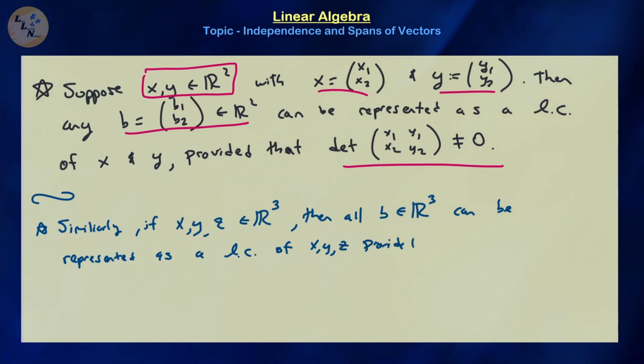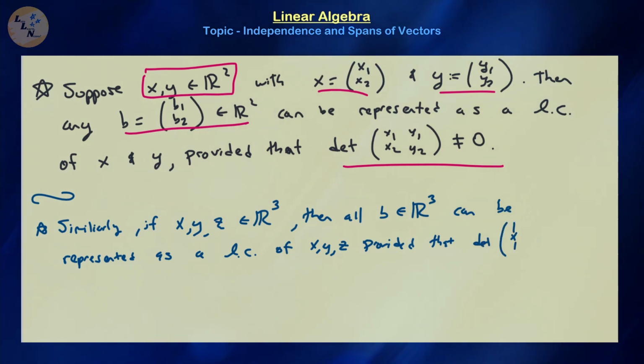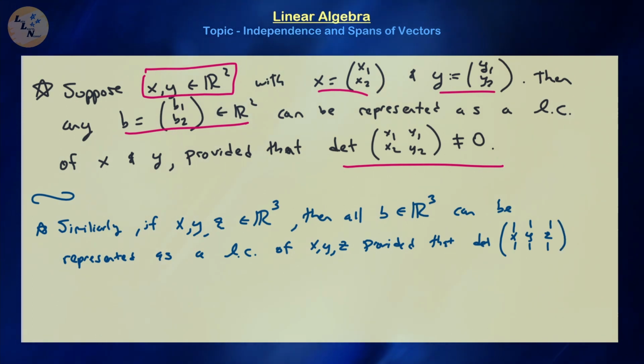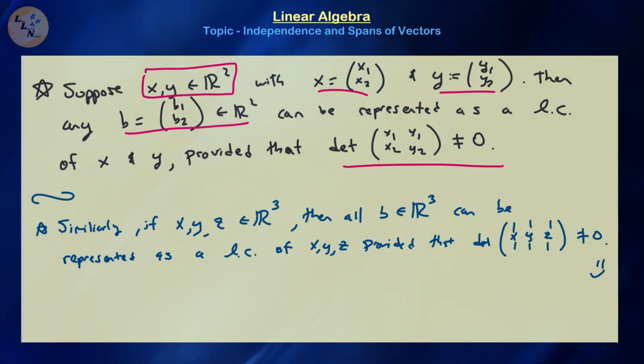So take a guess. Provided that the determinant of the matrix, x in the first column, y in the second column, and z in the third column, so that's going to be a 3 by 3 matrix, is not equal to 0, and you should be able to prove that as well.